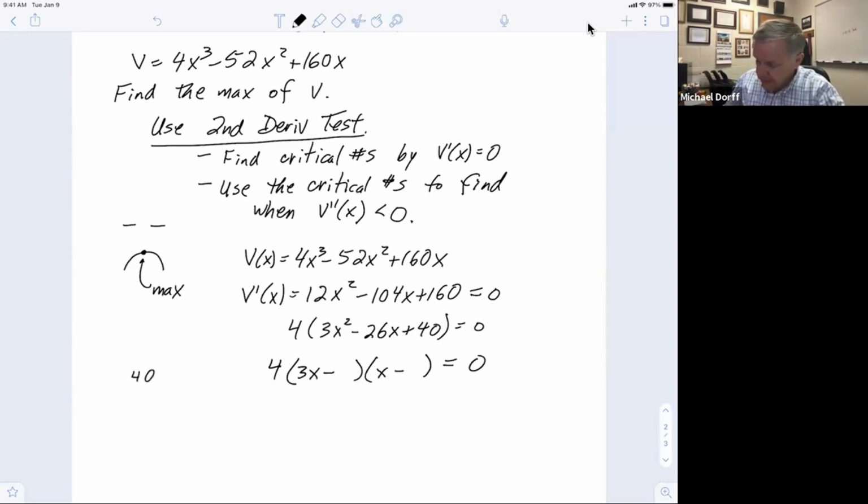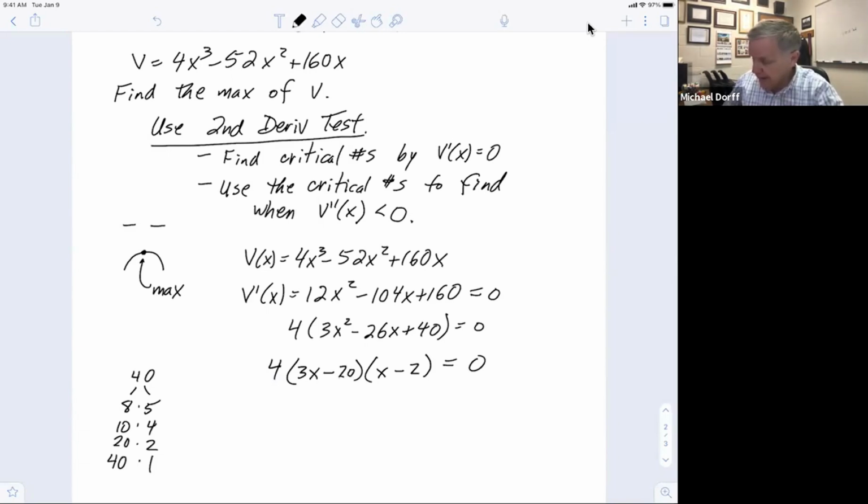So let's see, 40, I can break that up into 8 times 5, or it can also be broken up into 10 times 4, 20 times 2, or 40 times 1. If I try putting numbers in here and looking at the middle term, I will see that the one that works is if I put 20 in here and 2 in here.